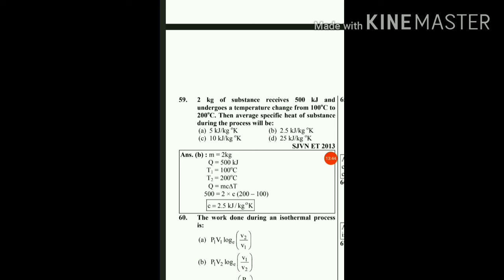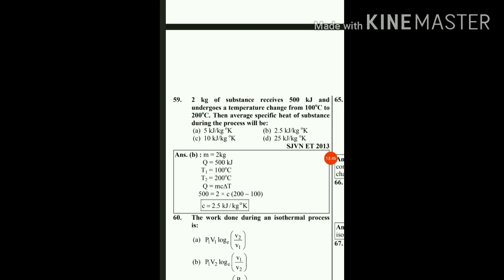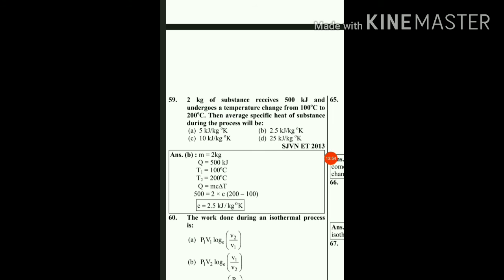2 kg of a substance receives 500 kilojoule and undergoes a temperature change from 100 degrees Celsius to 200 degrees Celsius. Then the average specific heat of the substance during the process will be. So here the question asked is to find the average specific heat. One thing must be known: there is sensible heat transfer. It can be measured with the help of m c dt.